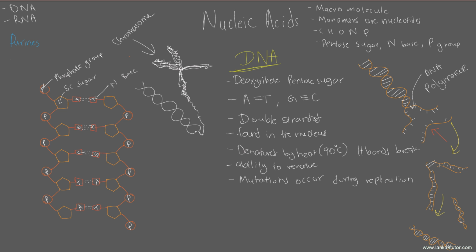The hydrogen bonds reform to recreate the strand. Now, because this process is reversible, it ensures safety, and that's why DNA molecules are a great source to store genetic information. So that's pretty much it to know about DNA.